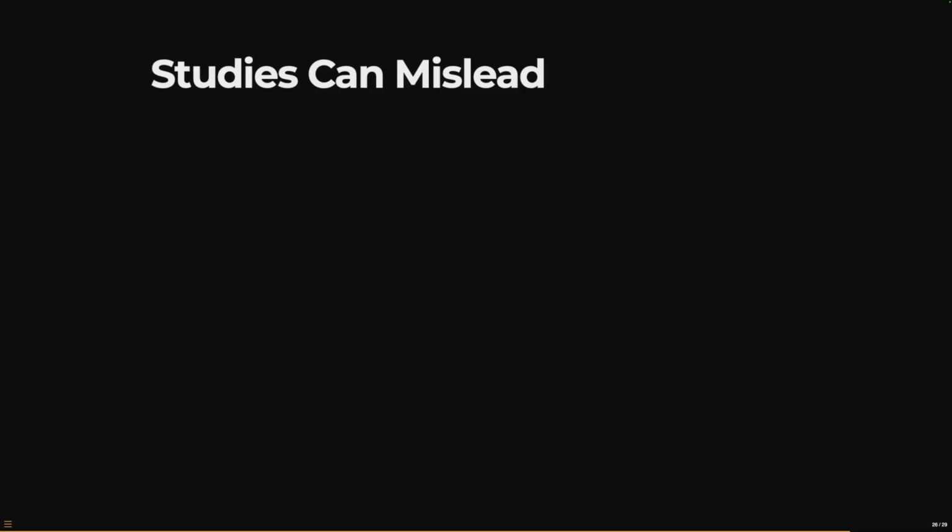Yeah. Okay. So the last bit is about how studies can mislead and some common pitfalls, and also that influencers can do the same thing, of course. We've talked about some of them. One thing is that you'll often have a small sample size.